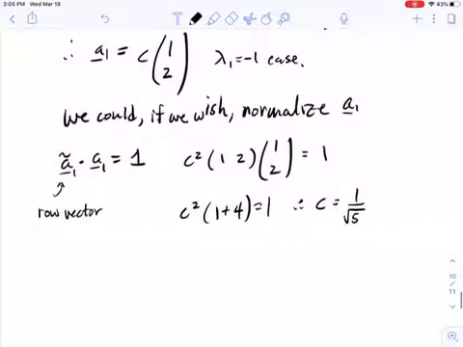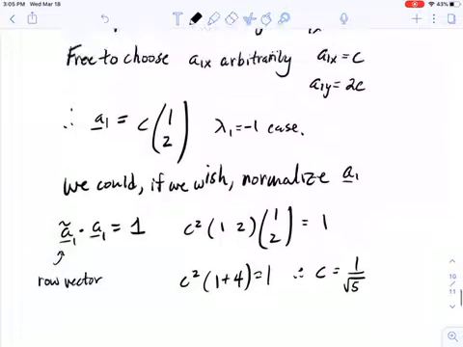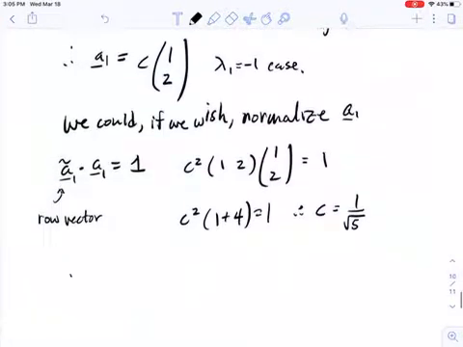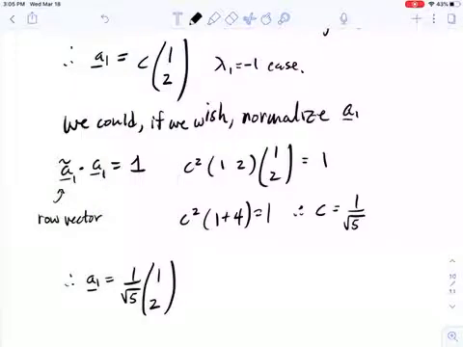And so our normalized eigenvector would therefore be A1 is equal to 1 over root 5 times (1, 2). And this is the lambda 1 equals minus 1 case.